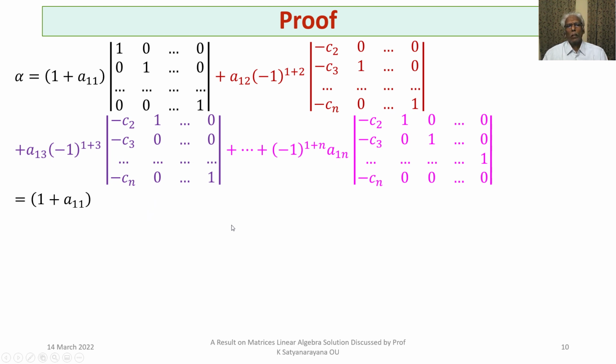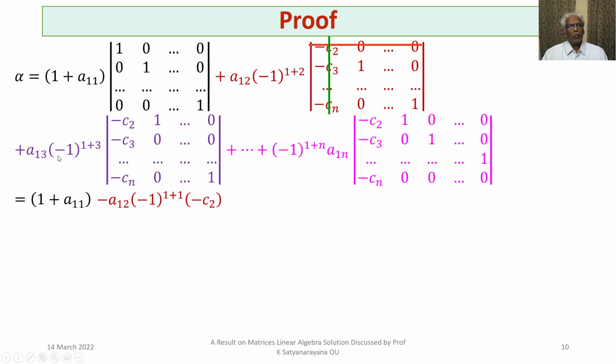Now, (minus 1) to the power of 1 plus 2 means minus 1 only, so minus a12 into, to expand this, delete the first row and first column, then that will be (minus 1) to the power of 1 plus 1 into this element, minus C2. This element is 1 element.